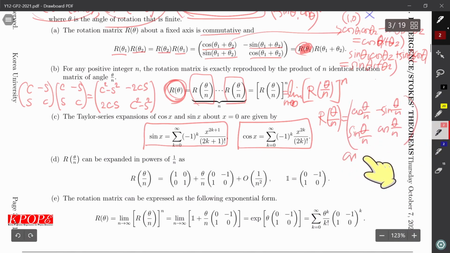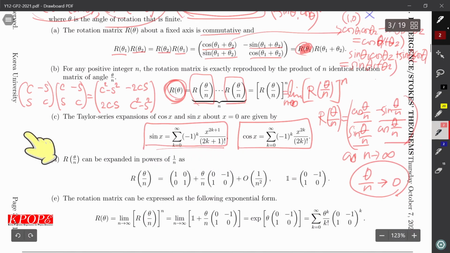As n goes to infinity, theta over n goes to 0, very small. So we can make an expansion of cosine and sine. Substitute x equals theta over n in here. Then this becomes this.